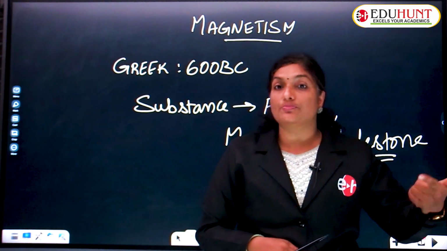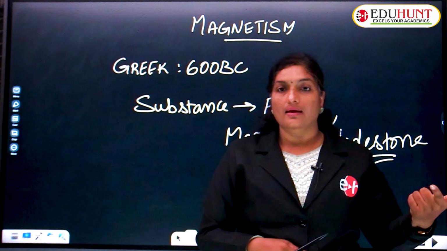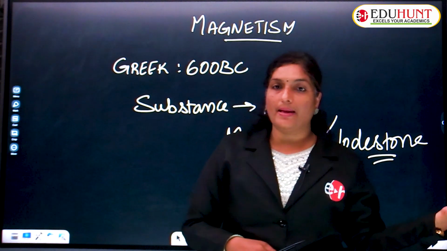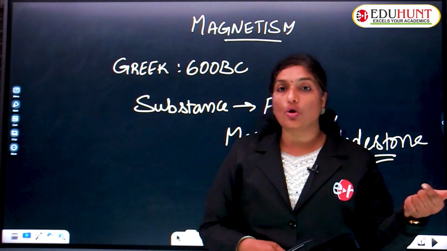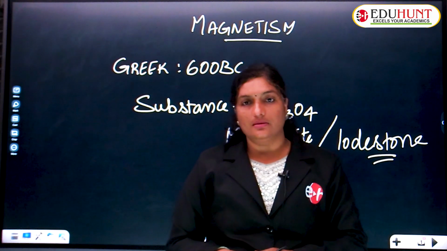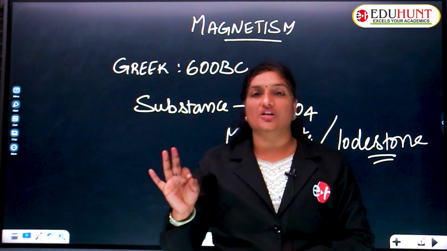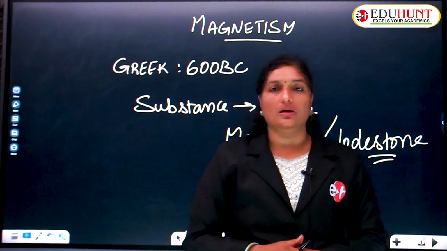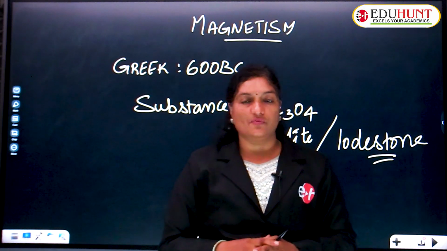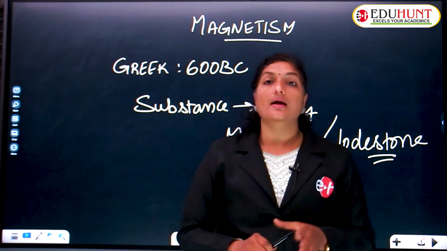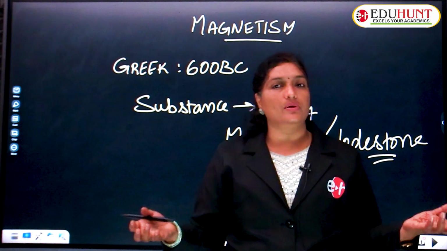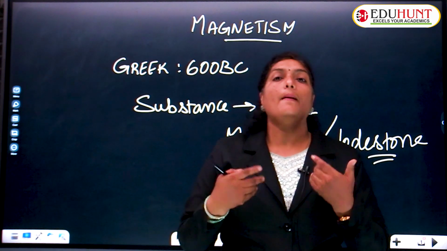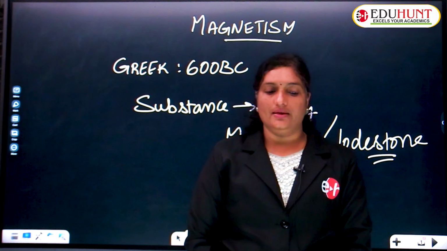This process of making magnetic materials into magnets is an artificial method, and hence these magnets are called artificial magnets. Hence we can classify magnets into two types: natural magnets, which are found in nature, and artificial magnets, which are made artificially.